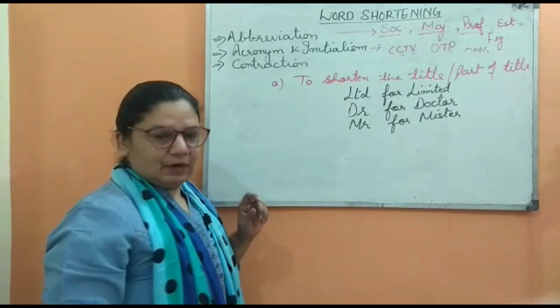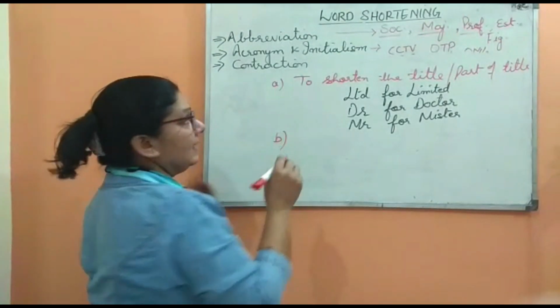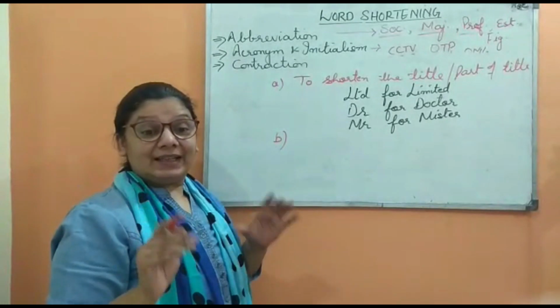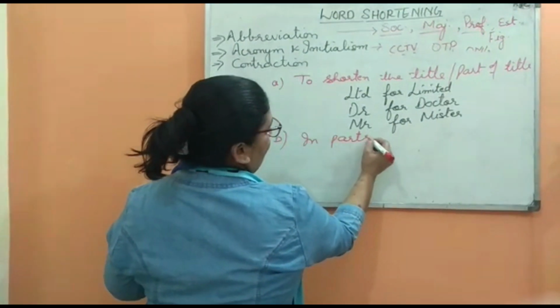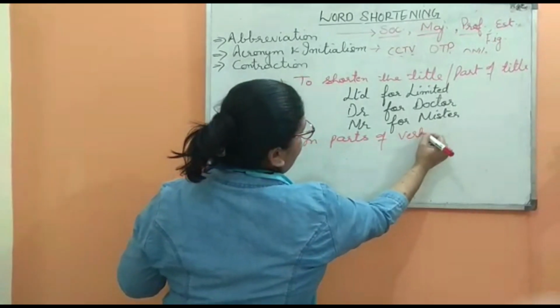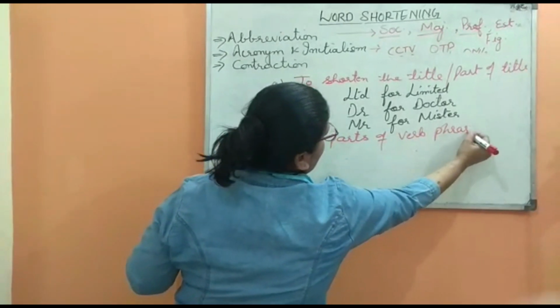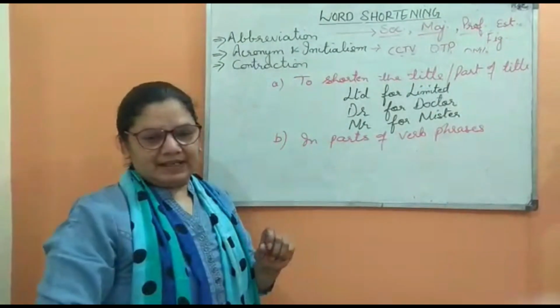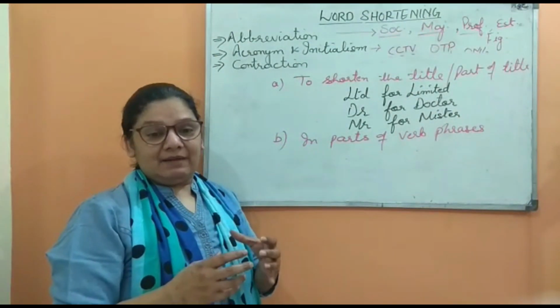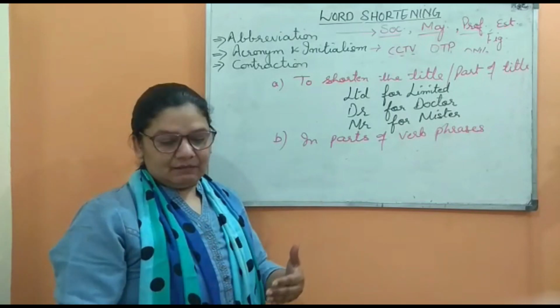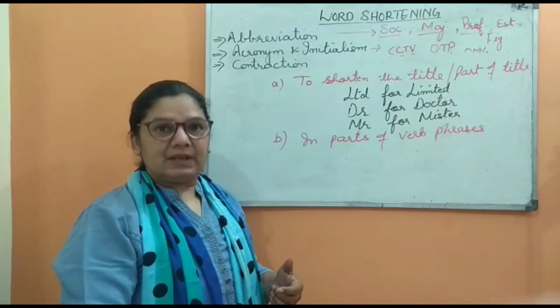And the second form of contracting the word is in parts of verb phrases. When we have verb phrases, it means we are using a helping verb, and with that one more word is used, so it becomes a phrase.